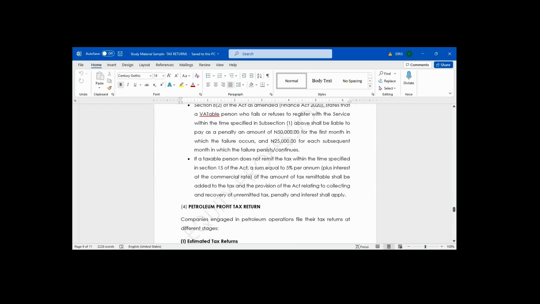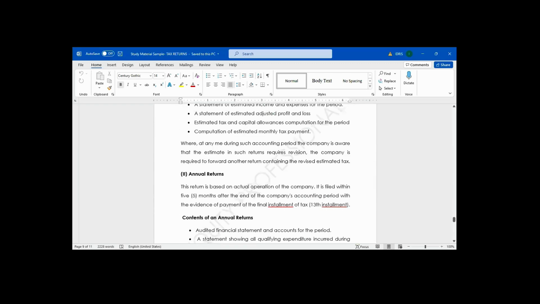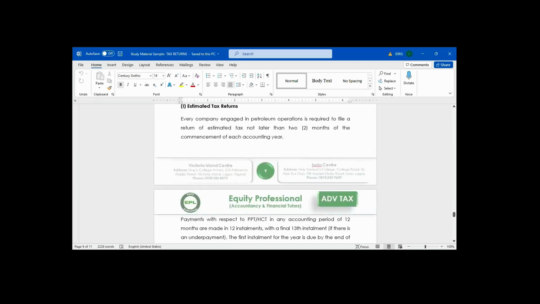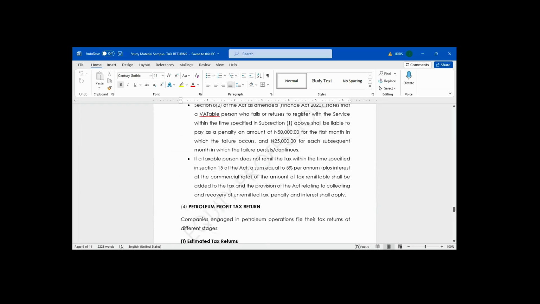Another type of return that we need to look at is the petroleum profit tax return, PPT. Petroleum profit tax returns are those returns filed by companies engaged in upstream petroleum operation.